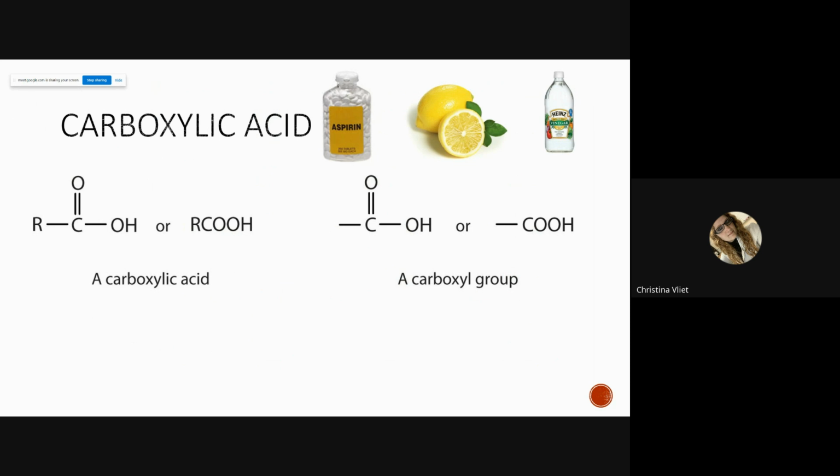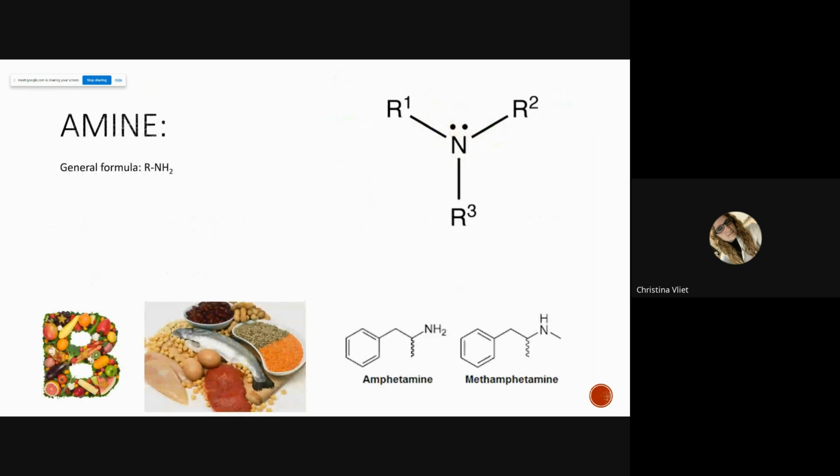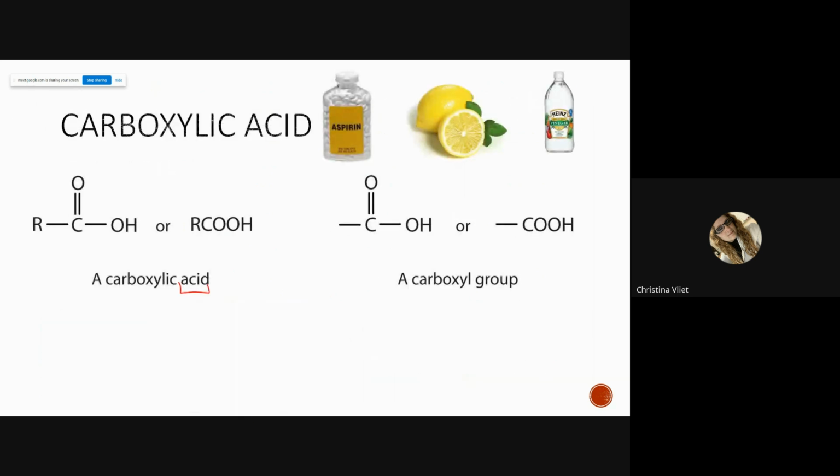Carboxylic acid has the name acid because of this H. This has two very electronegative oxygens, and this H can actually break off and become an acid, H plus.